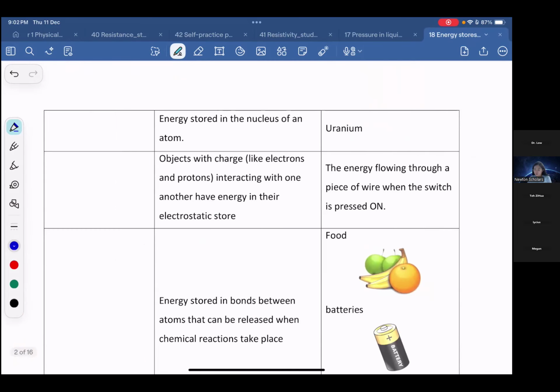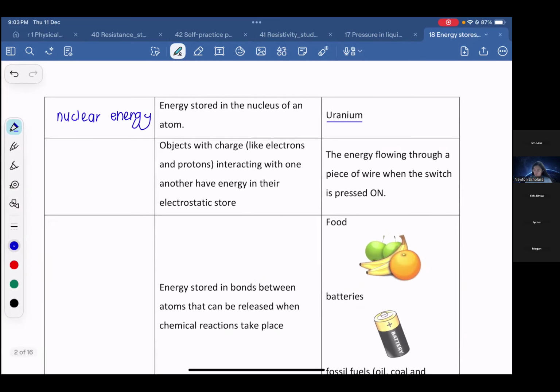Okay. So here, what kind of energy is stored inside the nucleus of the atom? For example, uranium. What kind of energy is inside? We call it nuclear energy. Okay, nuclear energy.